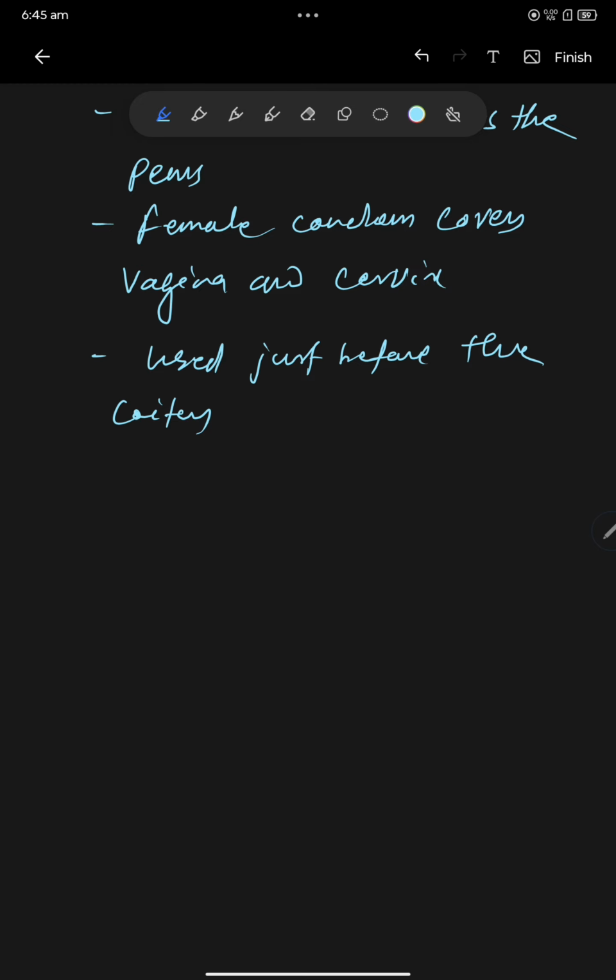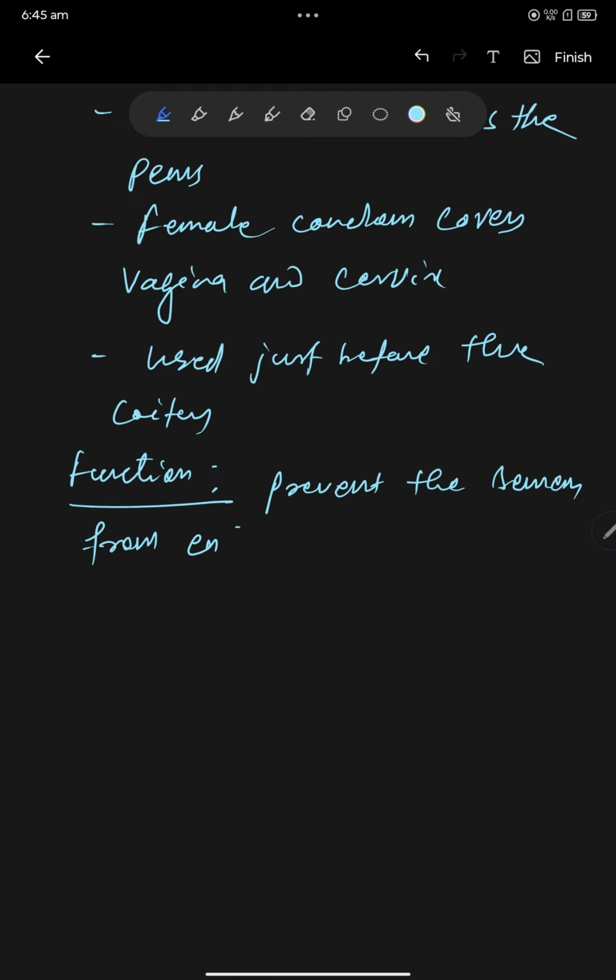Now, what is its function? Its function is to prevent the semen from entering the female reproductive tract.